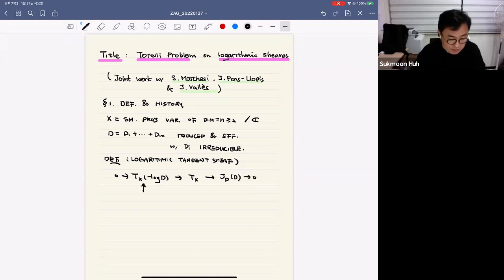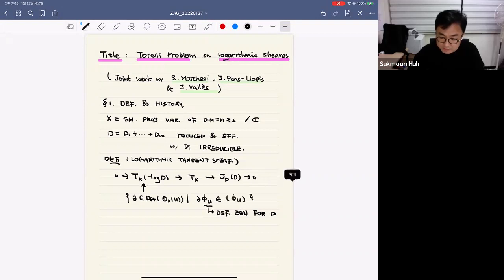So basically this is defined over an open affine subset U as the set of derivations whose evaluation on the local defining equation for the divisor D, here Phi is the defining equation for the divisor D inside the open subset U, is contained in the ideal generated by this defining equation.